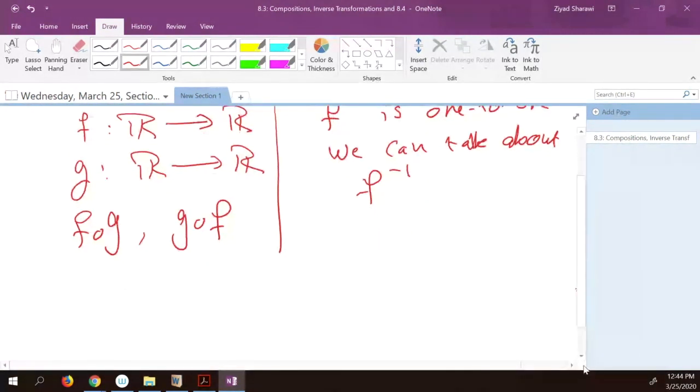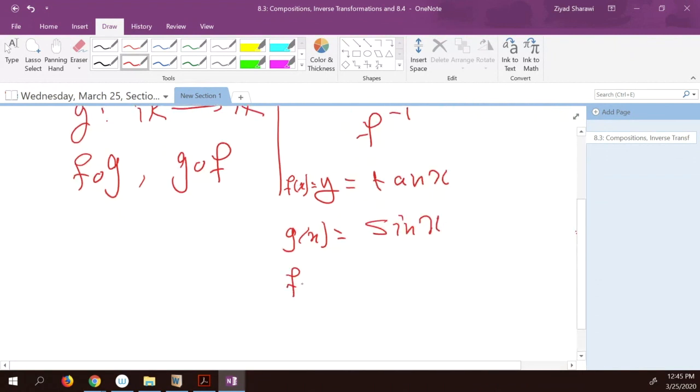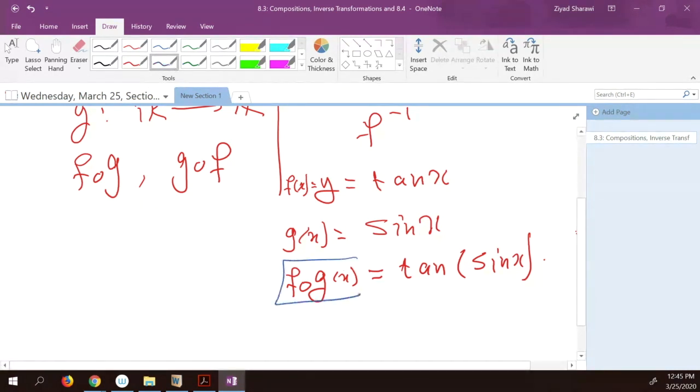So, for example, if you remember, when you talked about, let's say here, y equals tangent x, and this is f of x, and here g of x equals sine x, then you talked about f composite g of x, and that is tangent of sine x. Correct? That's what we mean by the composition.